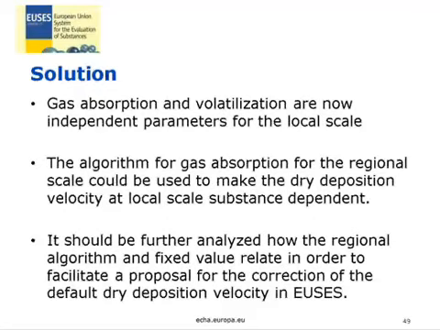So what we have to do is to check whether we can use this algorithm being used on the regional scale on the local scale as well, to make some kind of correction for this dry deposition velocity. So that's, I think, one critical thing we have to do, to check how we could correct this.